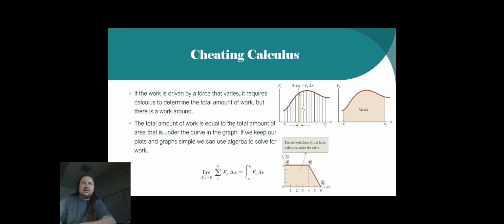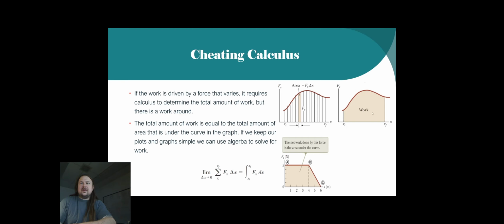So being that work is force times distance, you would need to try and break this up into a bunch of little sections and do it individually, taking the force to be roughly a constant at each of these little intervals. And then add all these up to get the total amount of work done. What that gets you is just the total amount of area that is underneath this curve.